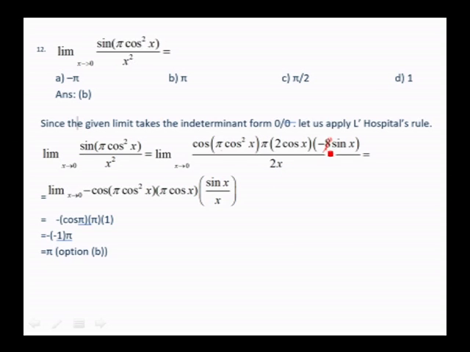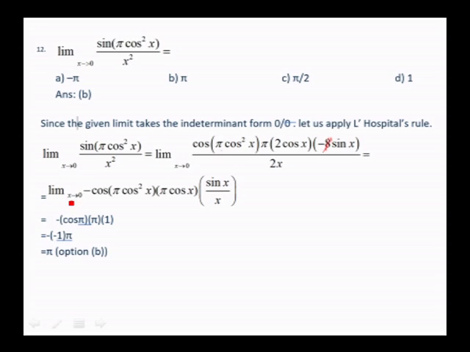So if I consider this, minus cos pi cos square x into pi cos x into sin x by x, I can rewrite this one in this form. I can cancel that 2. So minus cos pi cos square x into pi cos x into sin x by x, I have cancelled these 2.